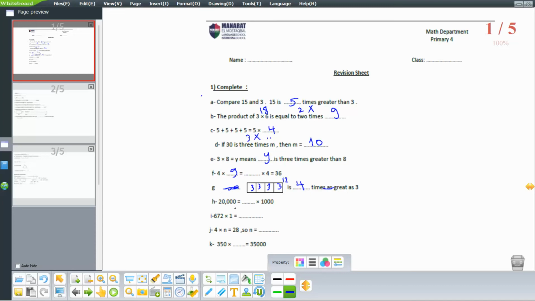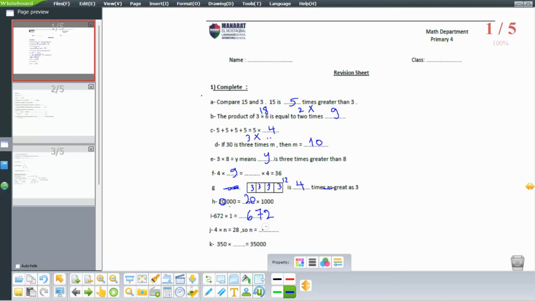Okay, 20,000 equals which number times 1,000? Here we have 3 zeros and here we have 3 zeros. So the remainder, yes, 20. 672 times 1, we know that any number times 1 equals the same number, 672. 4 times n equals 28.